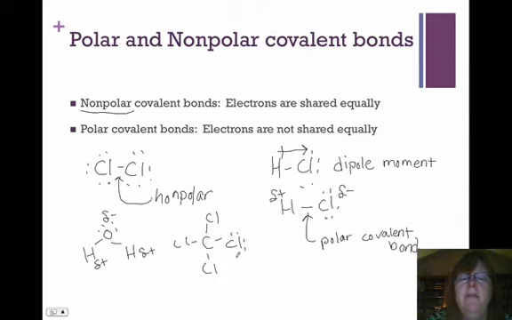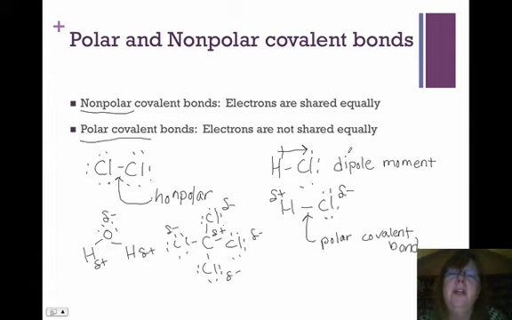The chlorine is tugging on them a little more aggressively than the carbon. Chlorine is more electronegative than carbon. So all these chlorines have a slightly negative charge, and the carbon has a slightly positive charge. So again, these single bonds are polar covalent bonds. So polar covalent bonds are when electrons are not shared equally, and that's due to electronegativity differences.